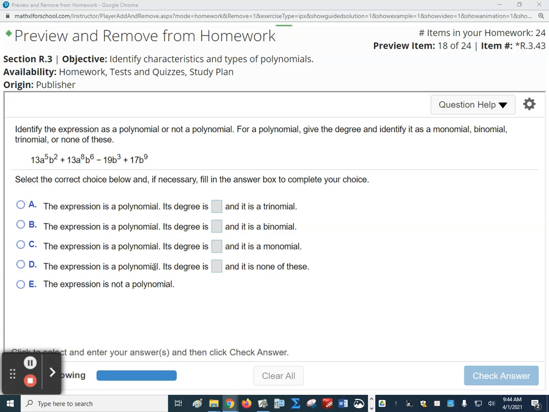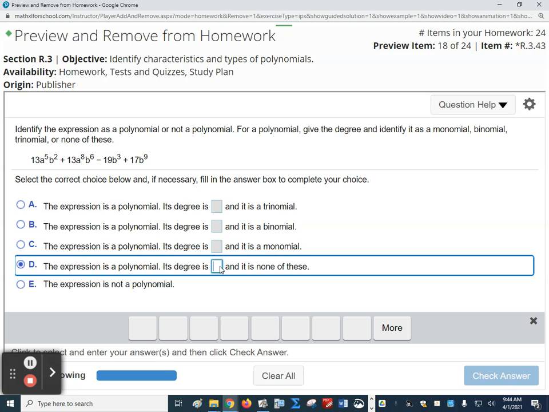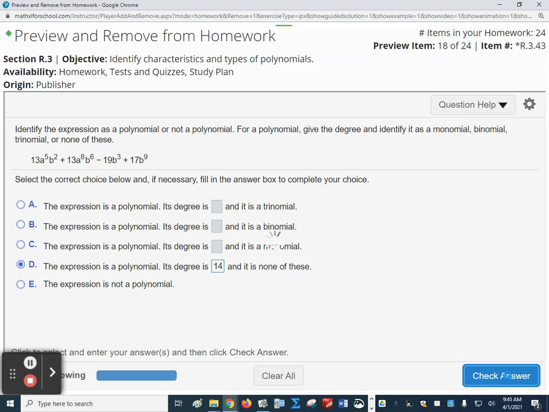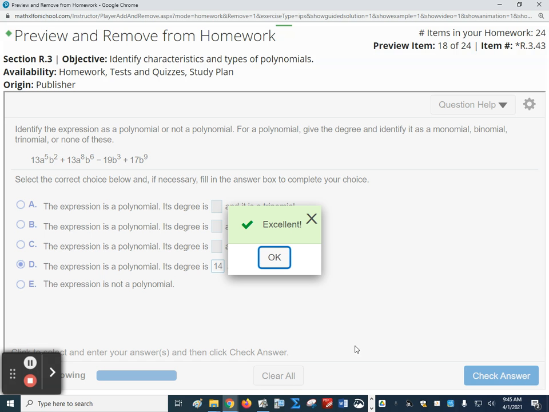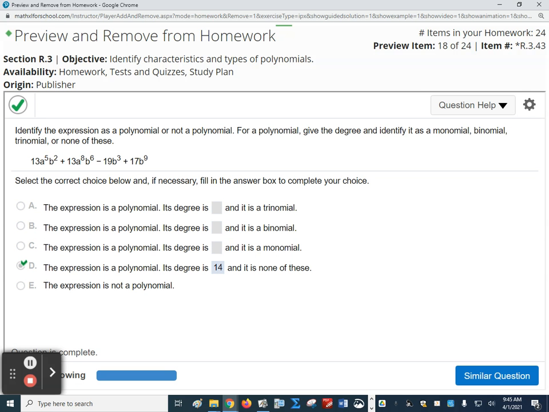So it's a polynomial. It's none of those, right? And the degree should be, how come it's 14? Okay, because the highest combined power of the variables is 14. Okay, make sense? Okay, let's try another one.